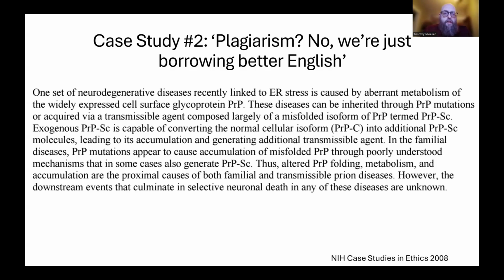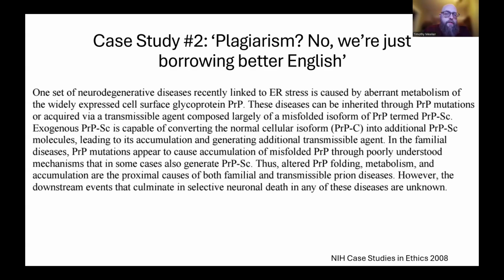One set of neurodegenerative diseases recently linked to ER stress is caused by aberrant metabolism of the widely expressed cell surface glycoprotein PRP. These diseases can be inherited through PRP mutations or acquired via a transmissible agent composed largely of a misfolded isoform of PRP termed PRPSC, and this is SC for Scrapie.